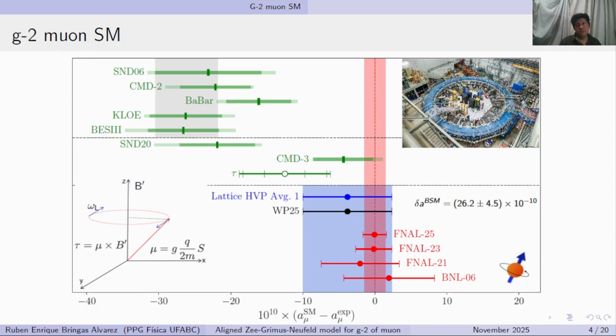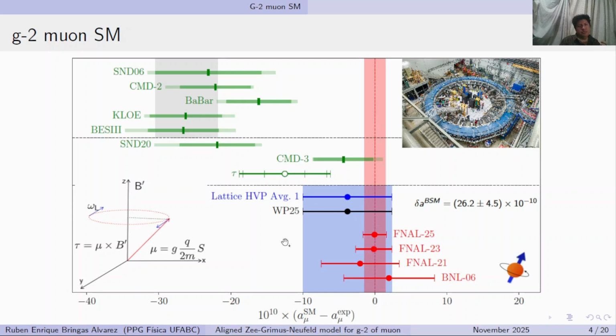We try to explain or reduce this discrepancy, because when we talk about 5 sigma or more, we look for new models to explain it. We are suspicious about new models that explain it in a better way.